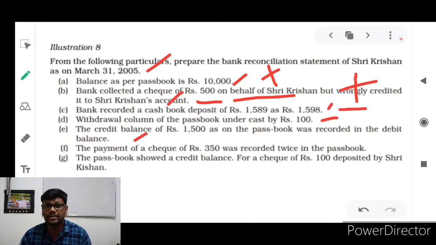But what the bankers did, instead of crediting 1,500 in your bank account, they debited it, which is an overdraft, isn't it? So instead of an available balance, now it is an overdraft balance.